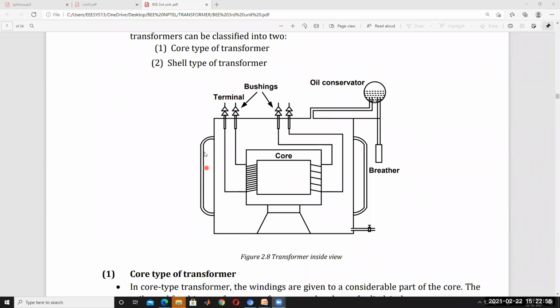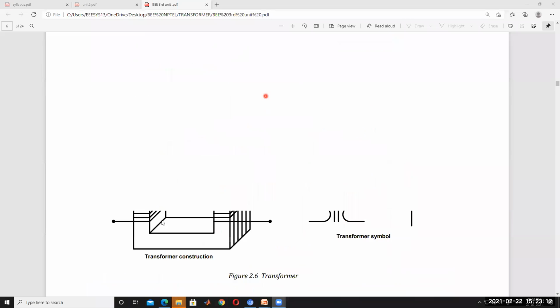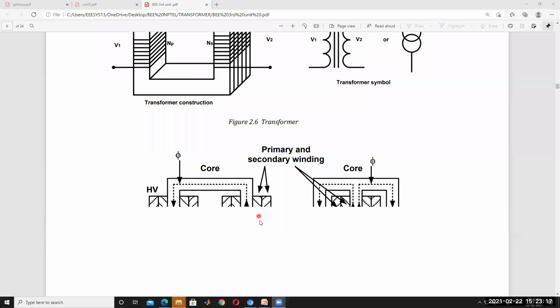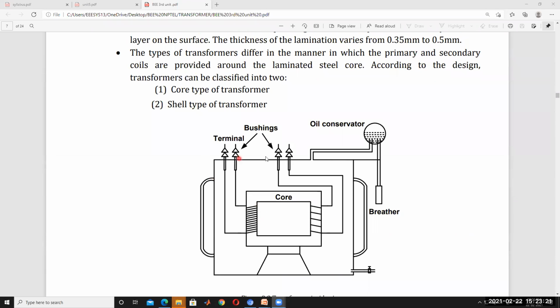In this tank we place the transformer core, for a core type transformer, and the primary and secondary windings inside the tank oil, placed in the oil in this manner.